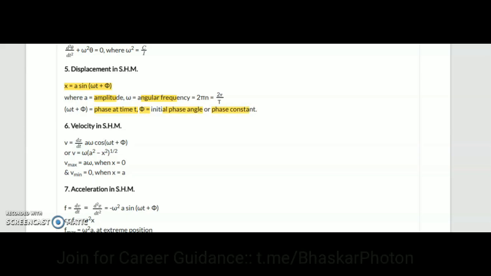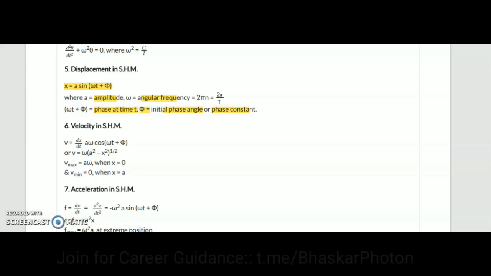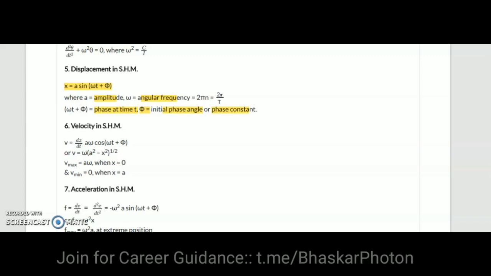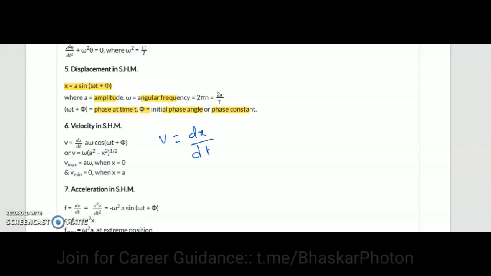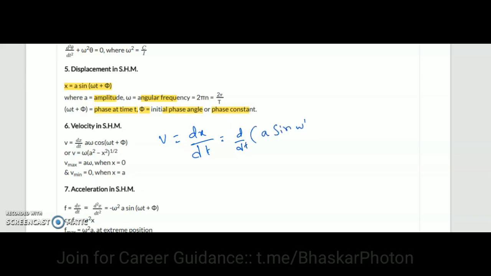And velocity in simple harmonic motion: see, x is equal to a into sine omega t plus phi. So here v is equal to dx by dt, that is d by dt of a sine omega t plus phi.